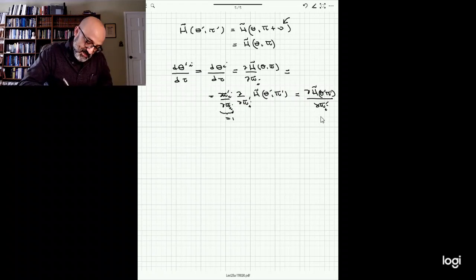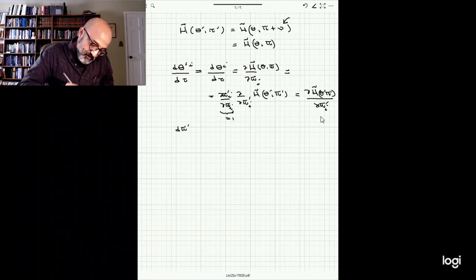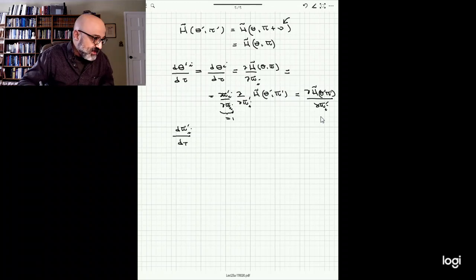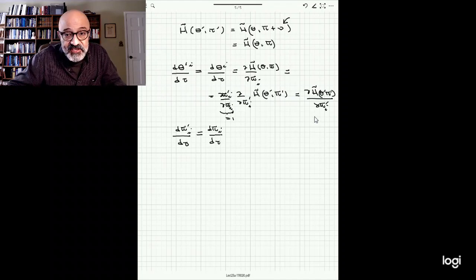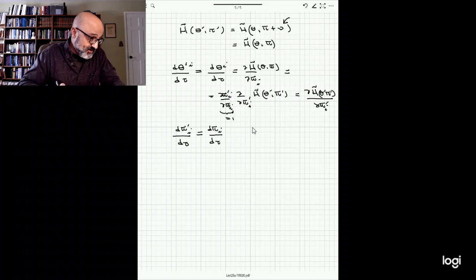And you can do exactly the same calculation for the pi primes. By definition of the pi prime, it's just shifting by a constant nu. So when we take the derivative with respect to tau, it vanishes.